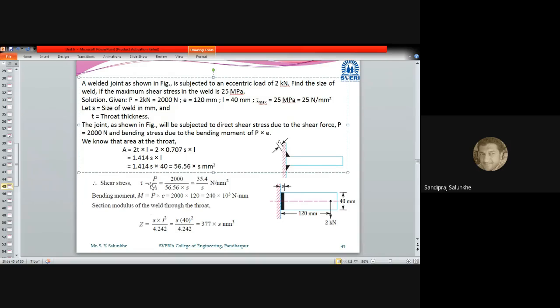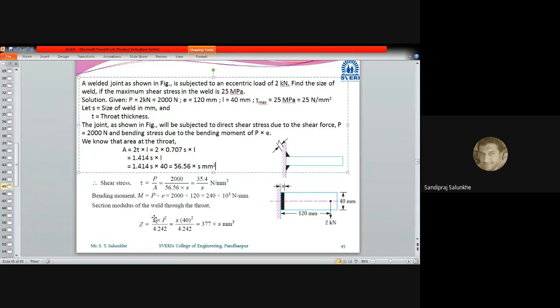Now the direct shear stress generated is force divided by area, 2000 divided by 56.56 into S. So direct shear stress will be 35.4 divided by S newton per millimeter square. The bending moment, which we have considered as T, is P into E, equal to 240 into 10 raised to 3 newton millimeter.